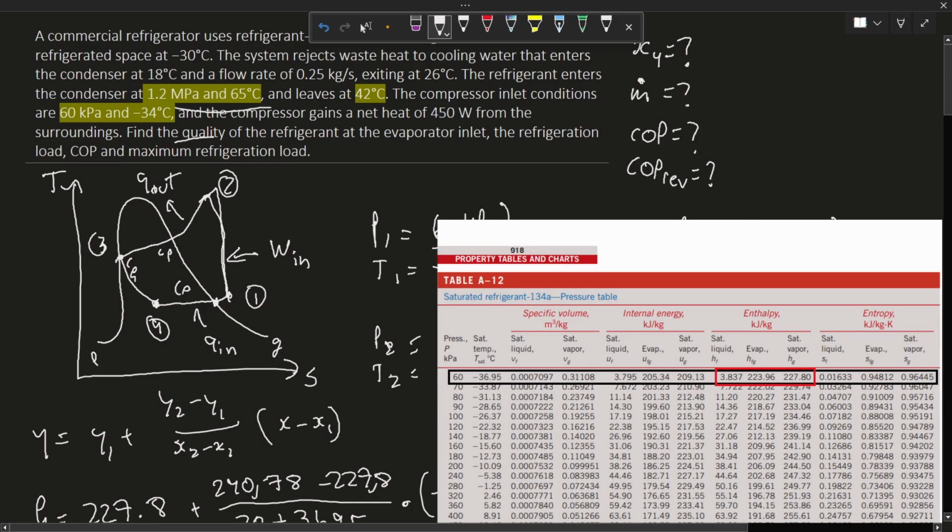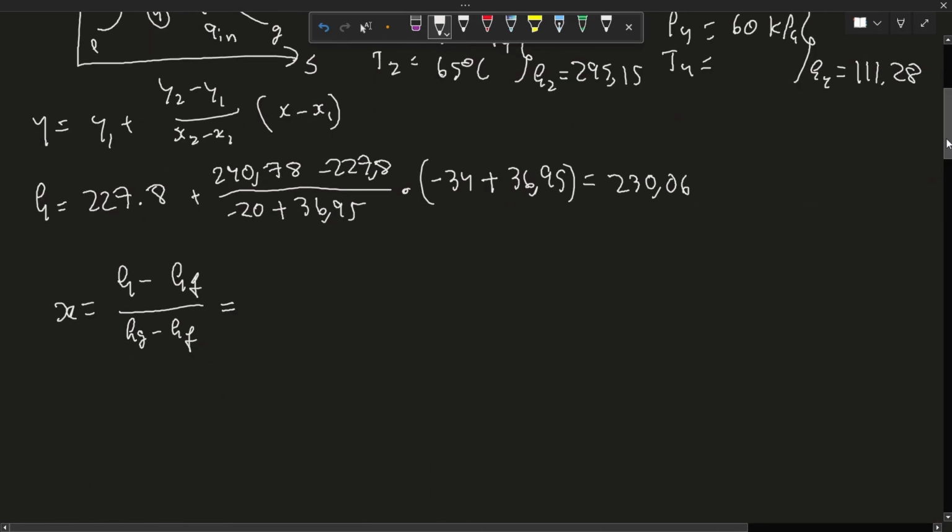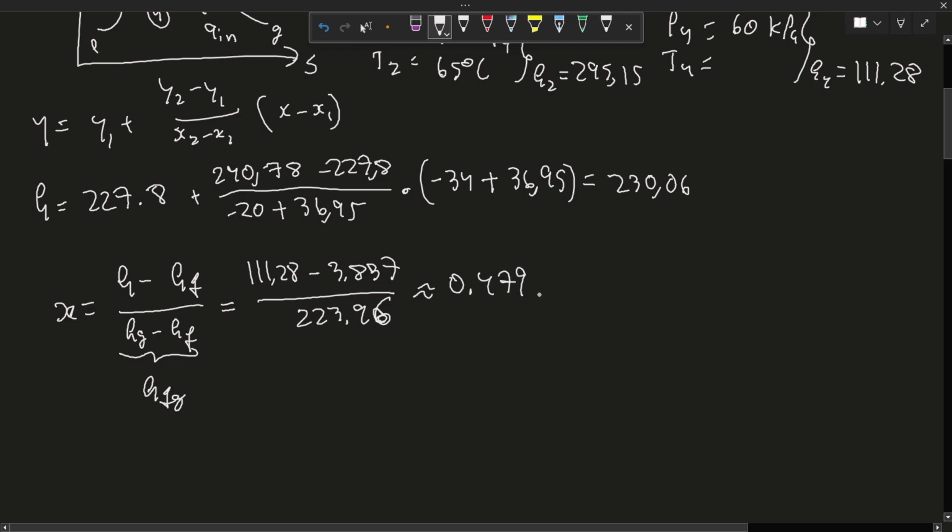Instead, we're just going to take the pressure, which is 60 kPa, and check the h values over there. So we have 111.28 minus hf, which is 3.837, divided by hfg, which is 96. We're going to get a quality of about 0.4797. This is our first answer.